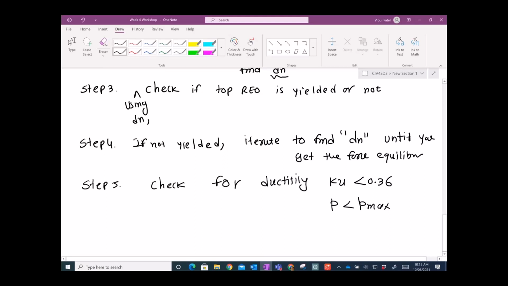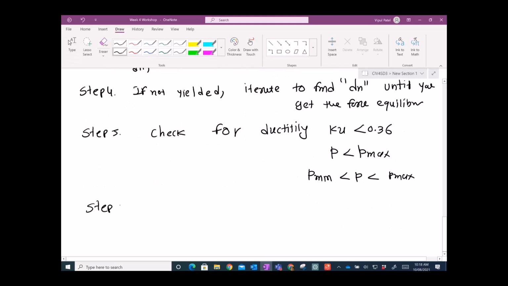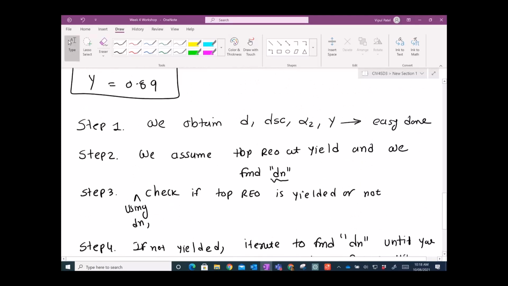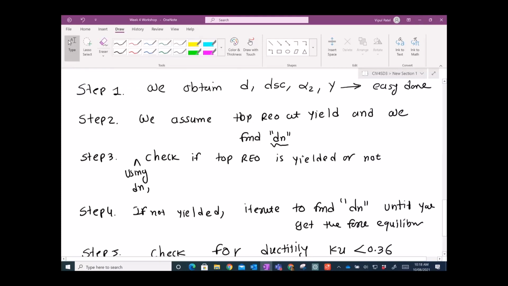Once everything is okay, we're just going to check against the minimum. Let's say the reinforcement minimum, the actual reinforcement and the maximum. Those are the conditions we're going to check. Once everything is okay, finally we're going to calculate the moment capacity, calculate MUO. So I hope you understand that we just obtain those 4 basic parameters, then we assume that the top steel is at yield, and we find the DN.